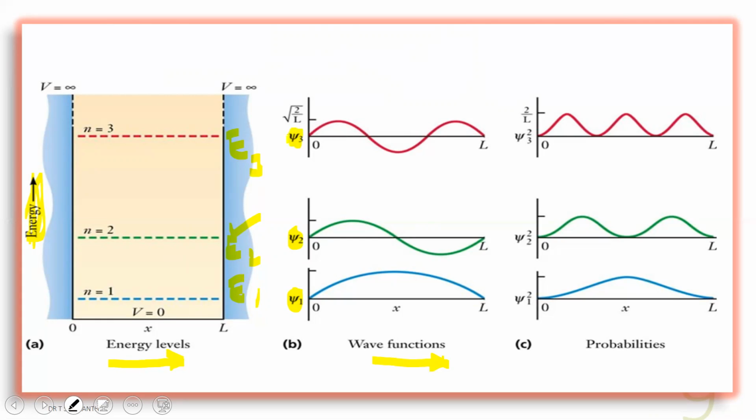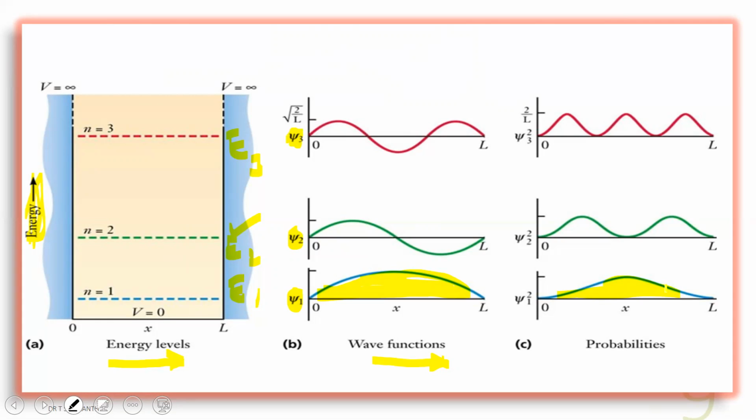When we substitute x is equal to 0, we get psi value 0. Similarly, if we substitute x is equal to L, then we get psi value 0. And at x is equal to L by 2, we get the psi value maximum. So therefore we are getting this type of curve. Similarly here also we are getting for psi square versus probabilities.